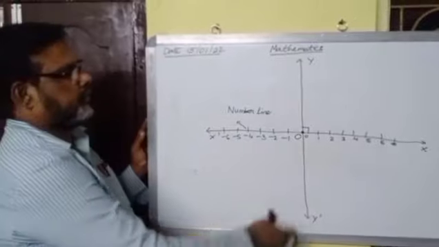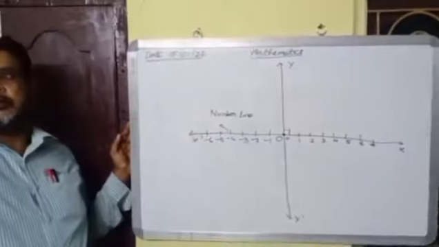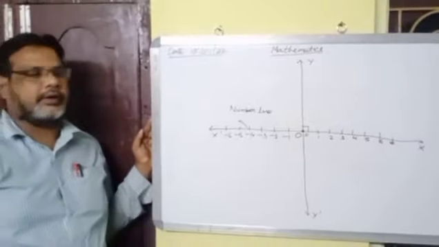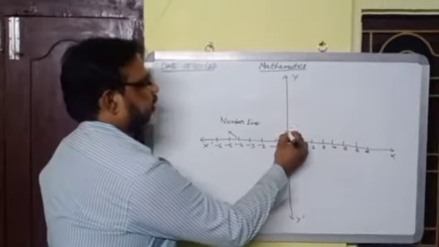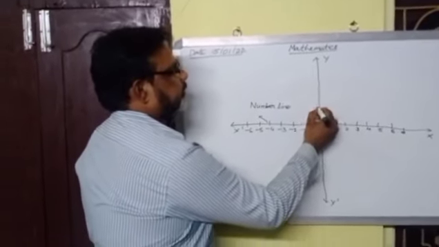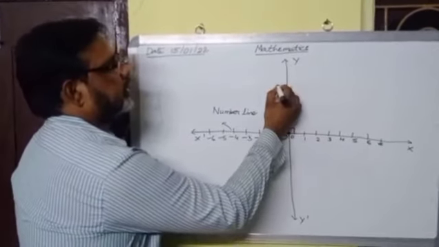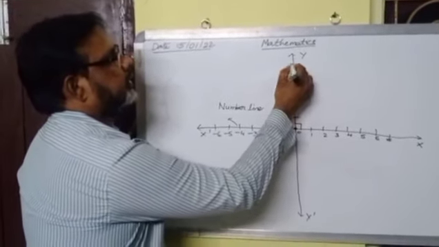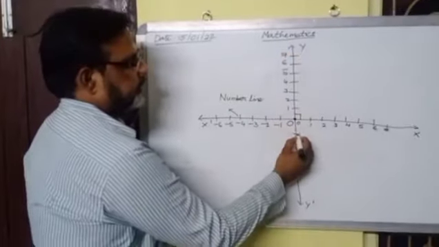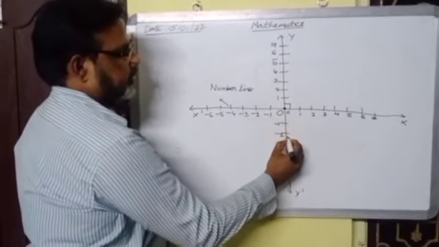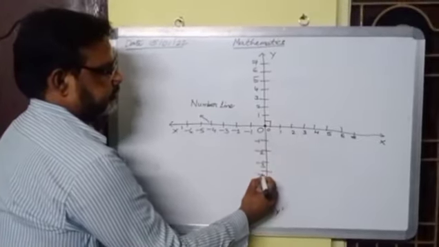If you take towards upwards, here it is positive, and here downward, it is negative.